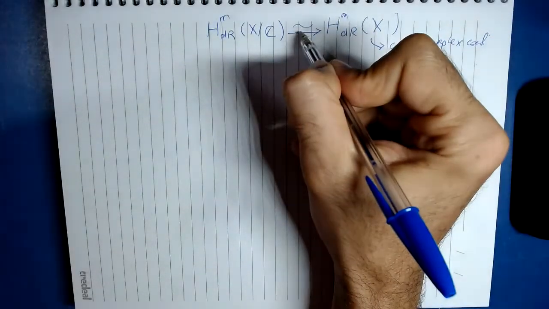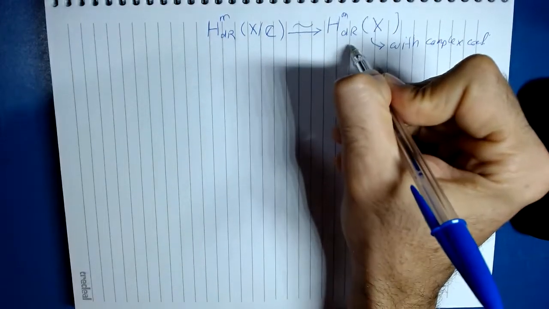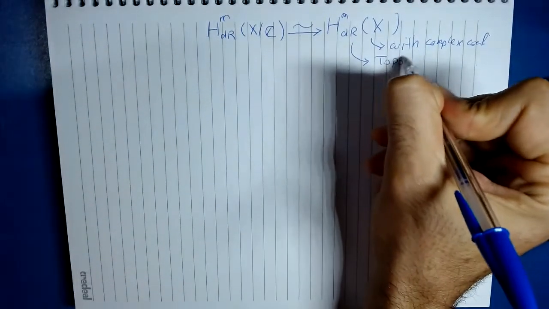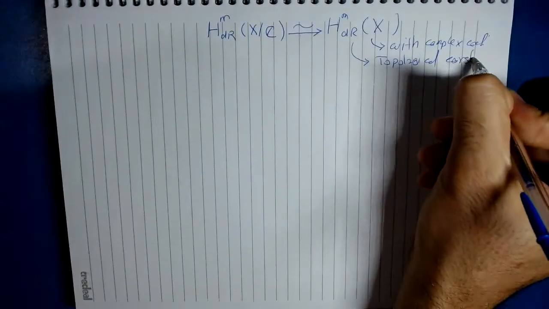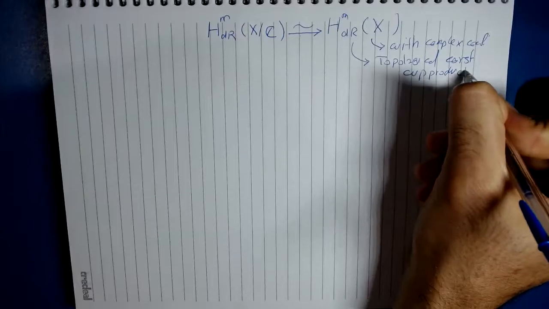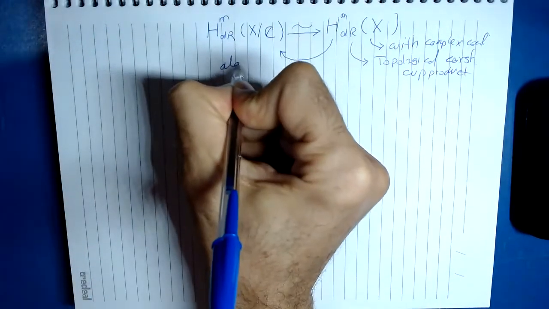So anyway, this isomorphism is not an arbitrary isomorphism. It is explicitly given, and this means that whatever topological construction we have here, like coproduct, we can transfer it to the algebraic side.